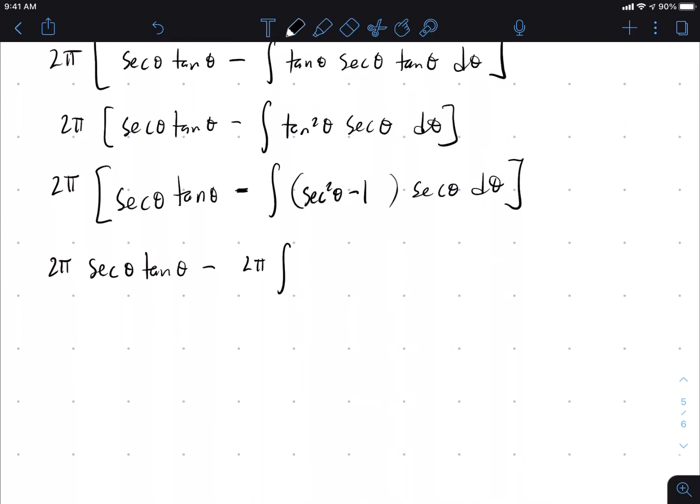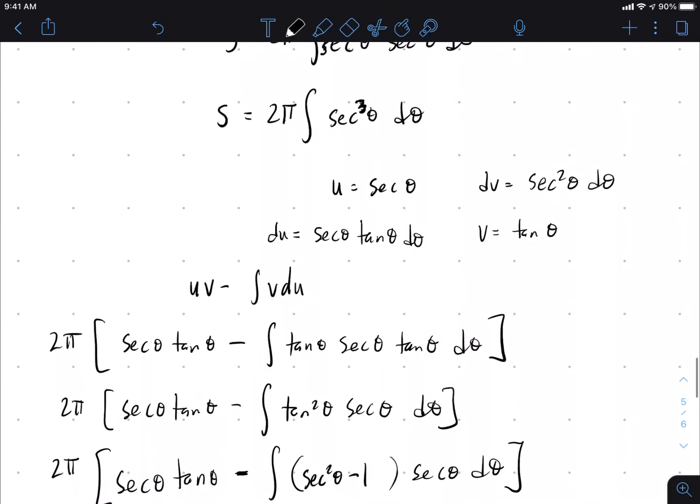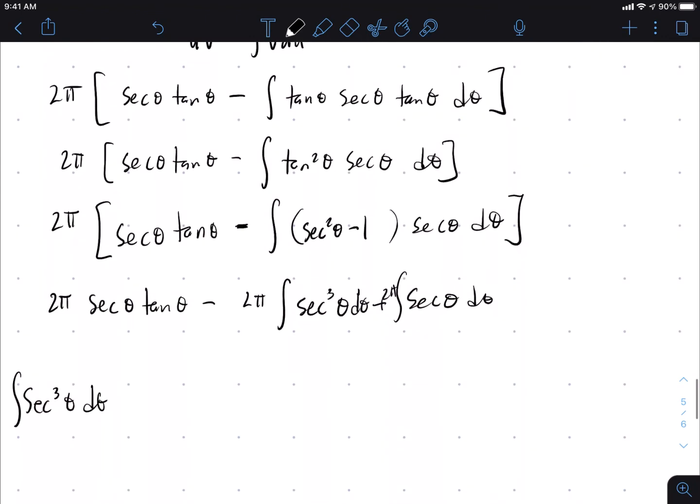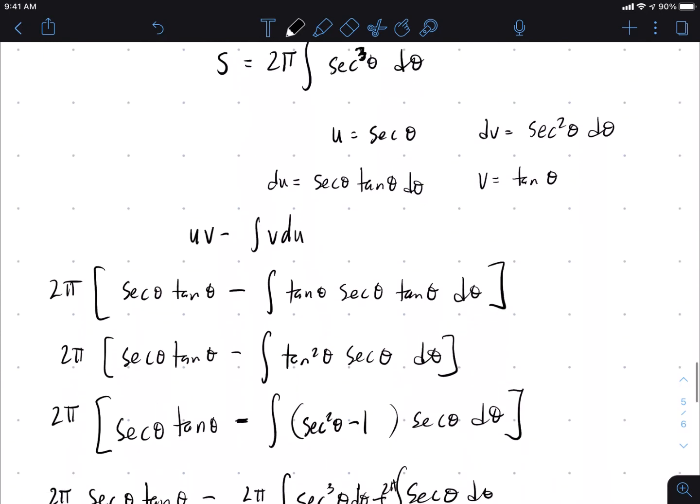Okay. So then this should be secant cubed theta plus secant theta d theta. Oh, I forgot the 2 pi here. So remember, I'm going to rewrite it. It was secant cubed theta d theta, right? Oh, I should just leave the 2 pi out instead of distributing it.